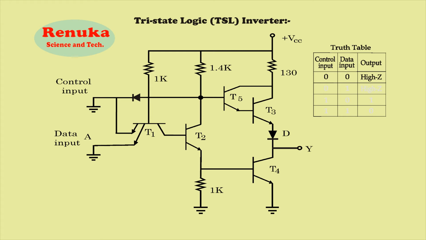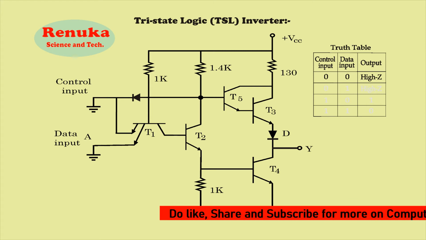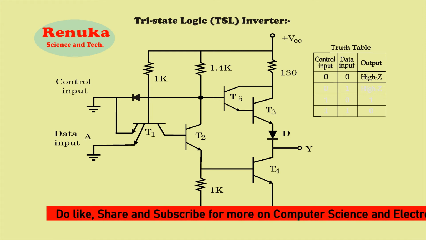If transistor T1's collector has no current, there will be a low output at the collector of transistor T1, and T1's collector is connected to the base of transistor T2. If the base of transistor T2 has low input voltage, then transistor T2 will be off. So if it is off, no current will flow towards the ground through transistor T2. In this way, if no current is flowing towards transistor T1, there will obviously be low voltage at transistor T4.